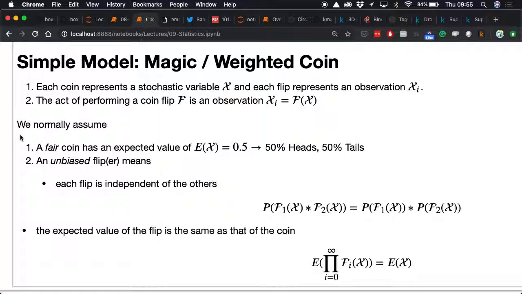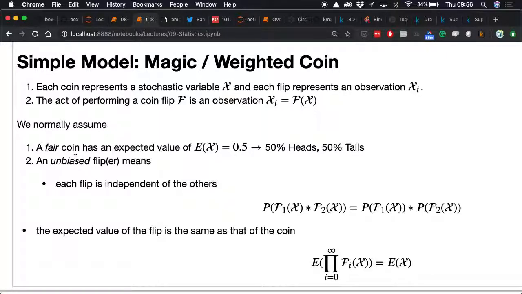And what we say is that a fair coin has an expected value of 0.5, so that every time you flip it, you expect half of them to be heads, half of them to be tails. You also say that you probably, in most cases, have an unbiased flipper.